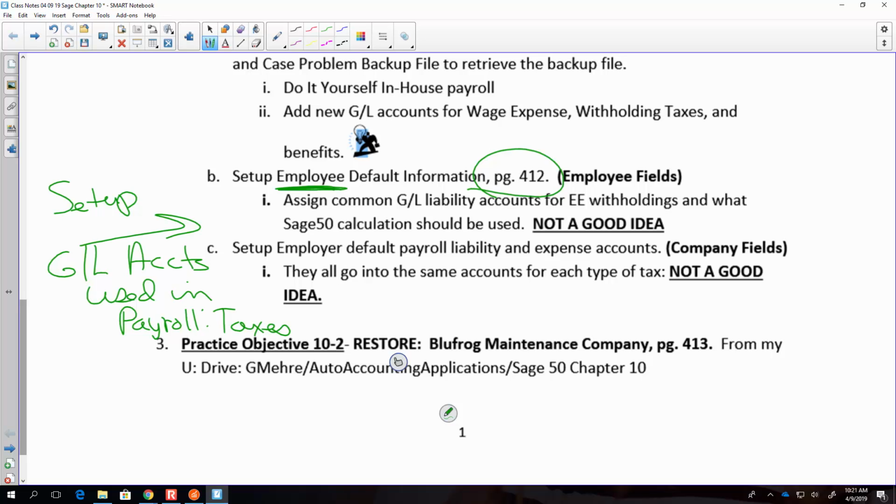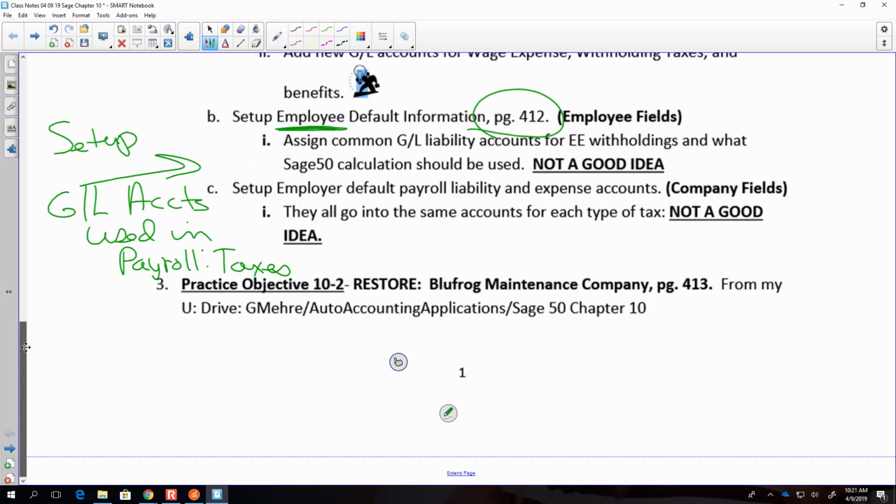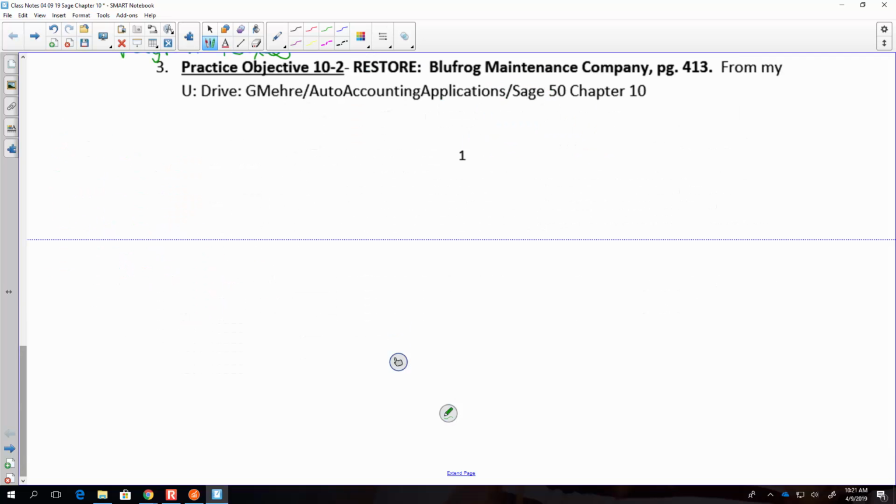So basically you have 4 employer taxes. Now, what does account 513 mean? What GL account is that?